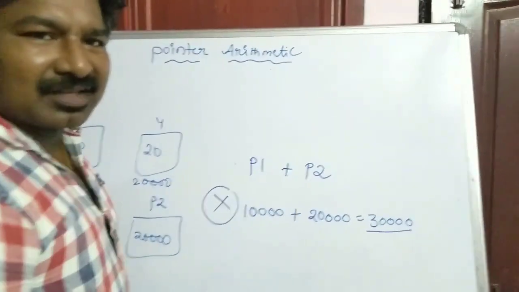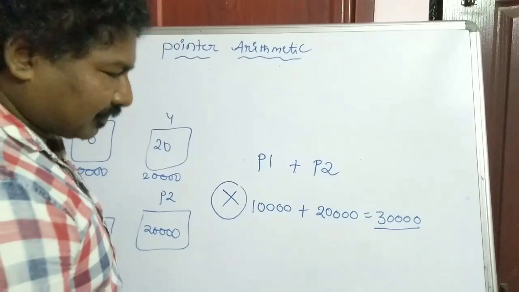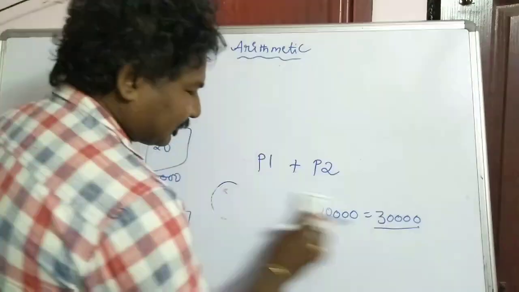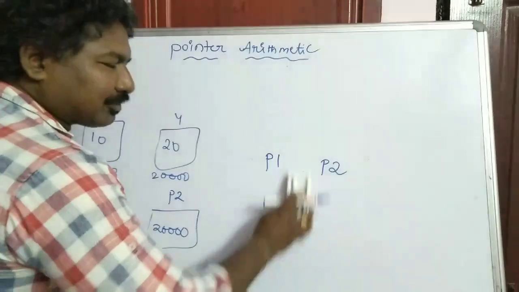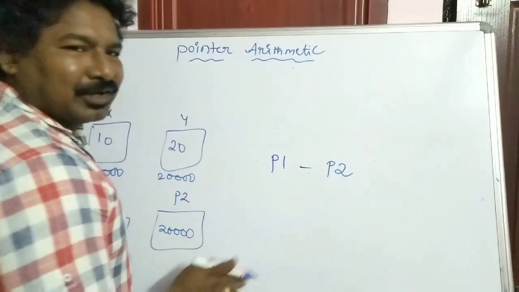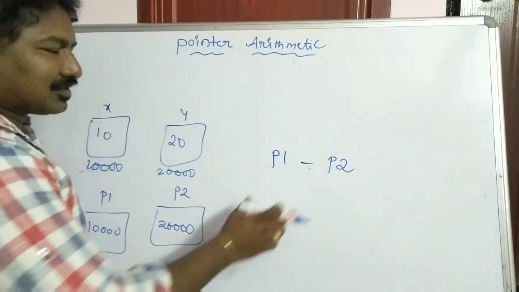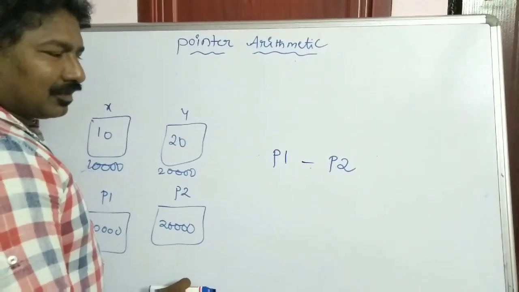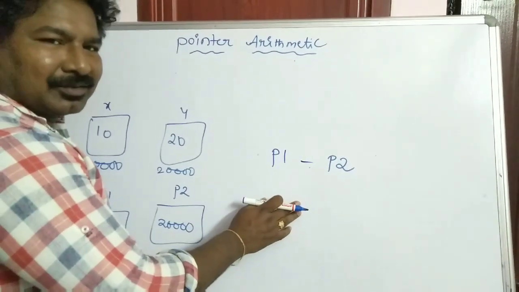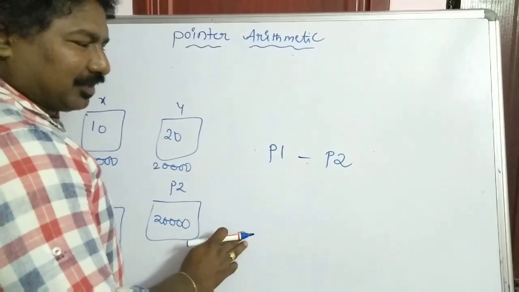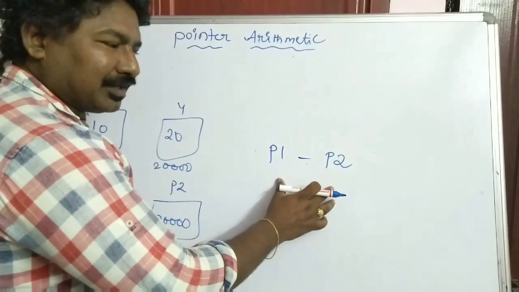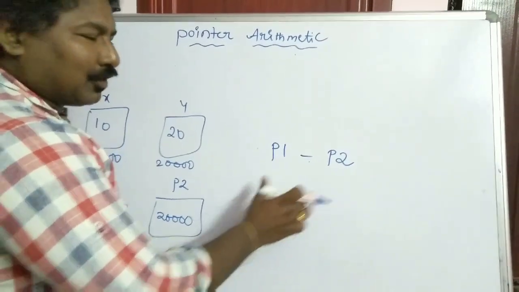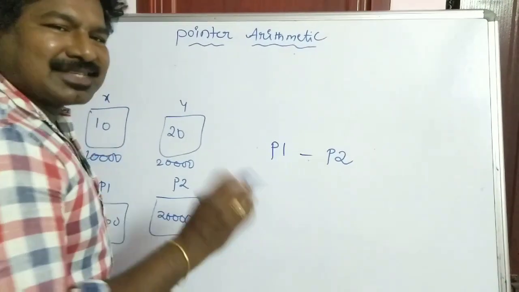This is the first thing. Coming to the second thing, can I subtract my two pointers, P1 minus P2? This is valid with some conditions. That means you can subtract two pointers provided that both the pointers point to the same array.